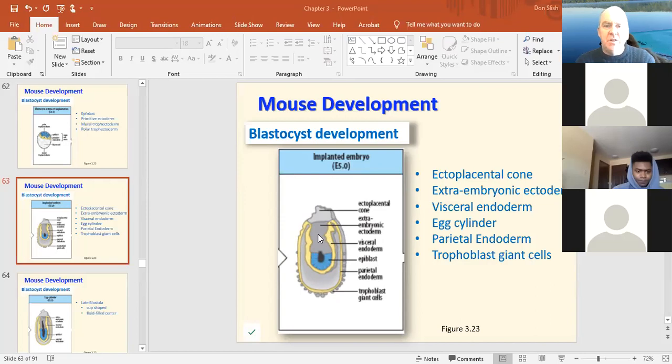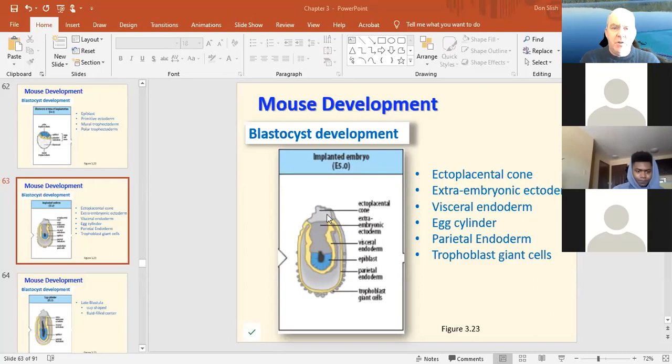And then the upper cells here that were, let's see, mural. Oh, well, the mural's the bottom. See, this is the mural trophectoderm. The polar trophectoderm up here becomes this ectoplacental cone. So this will become the placenta eventually, and the umbilical cord.